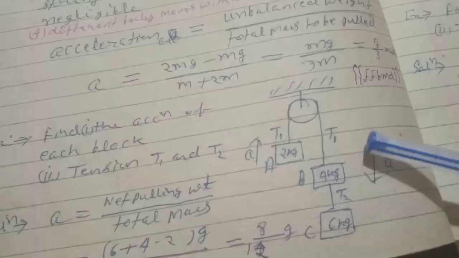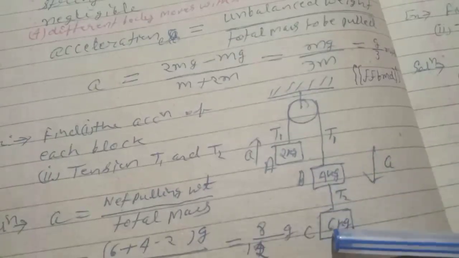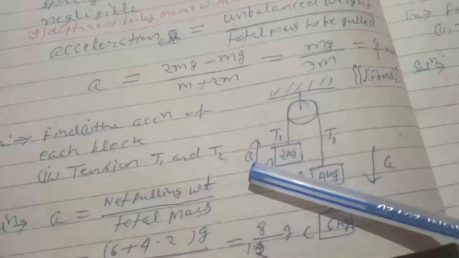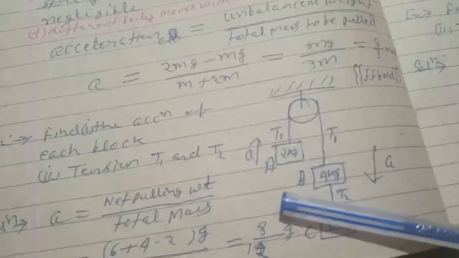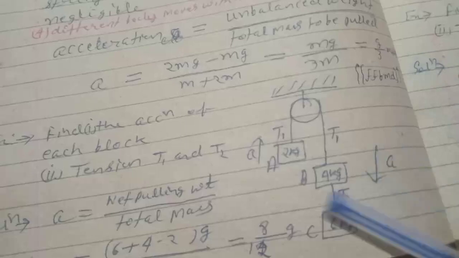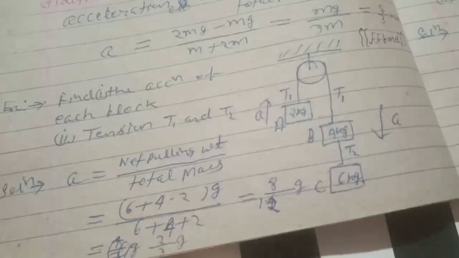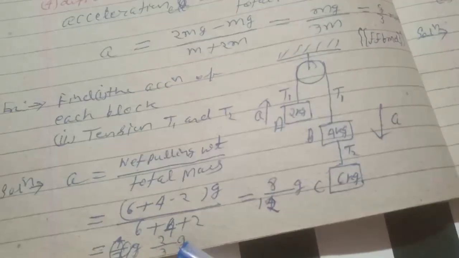The net pulling weight will be 6, because this is pulling, the 6 plus 4 minus 2, into g, divided by the total mass, and the total mass is 6 plus 4 plus 2, so we get a equals 2 by 3 g.